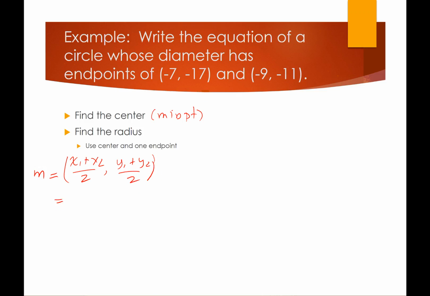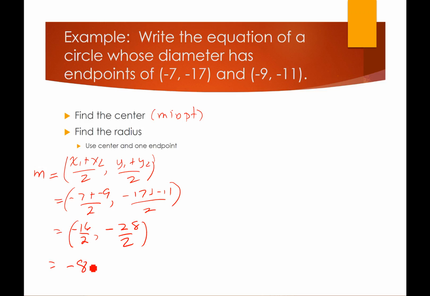So in this case, negative 7 plus a negative 9 divided by 2, and negative 17 plus a negative 11 divided by 2. So that's going to give me negative 16 halves and negative 28 halves, or negative 8 and negative 14.